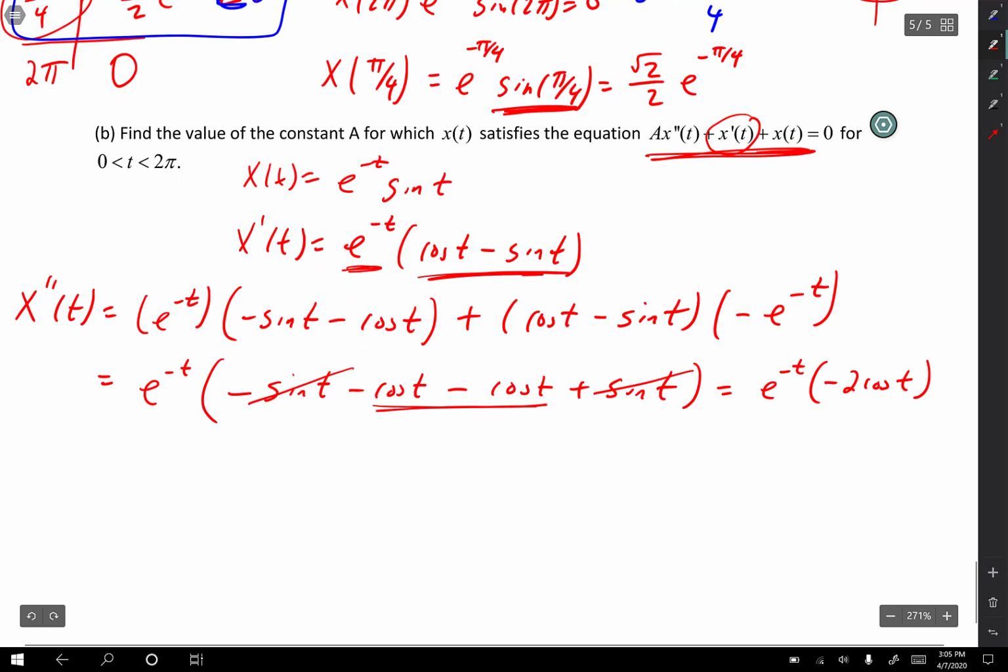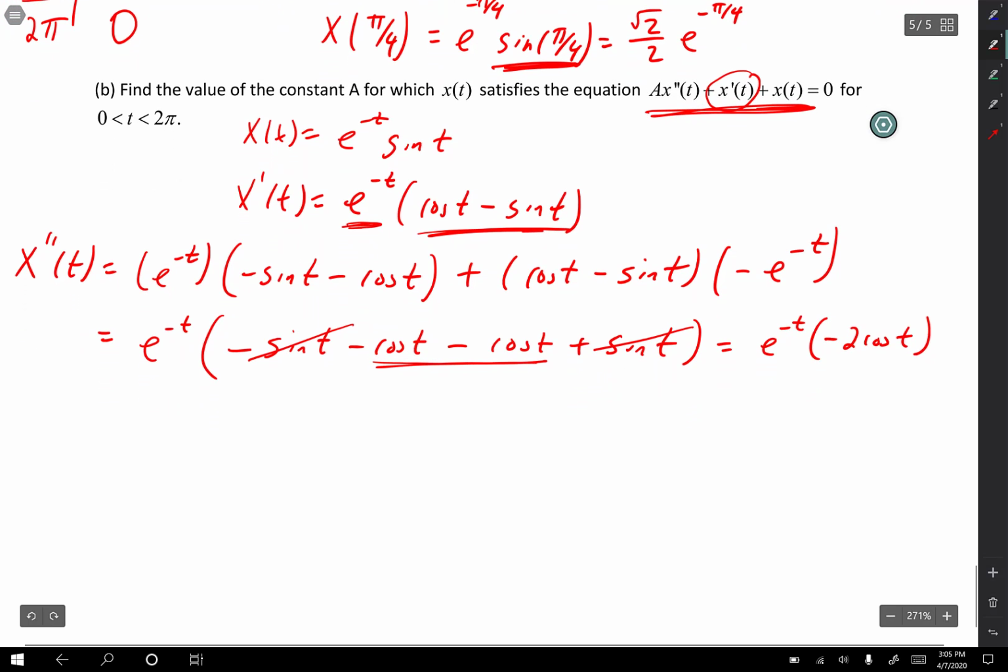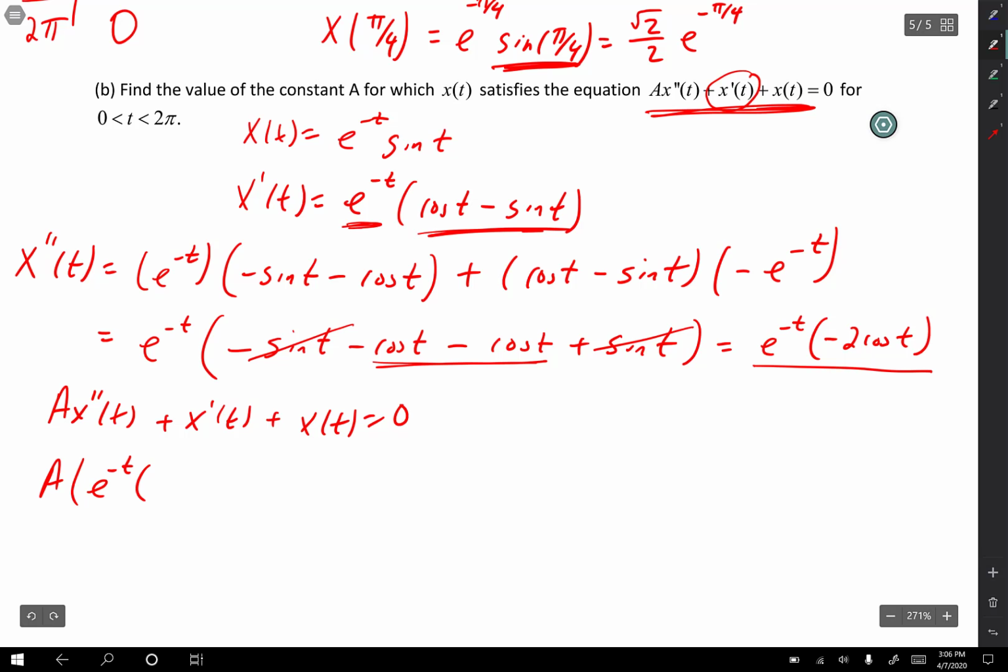All right, so now I have everything ready to go, and I'm going to put it together. So I'm going to write a times x double prime of t plus x prime of t plus x of t equals 0. So I'm going to write a, and then parenthesis, I'm going to write all this: e to the negative t, negative 2 e to the negative t cosine t, and then plus x prime.